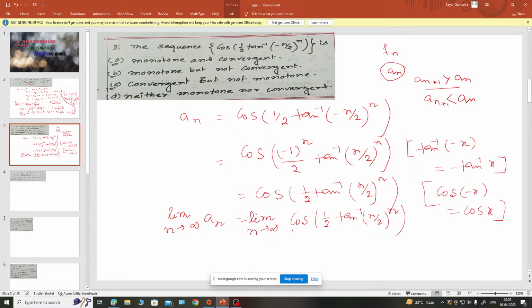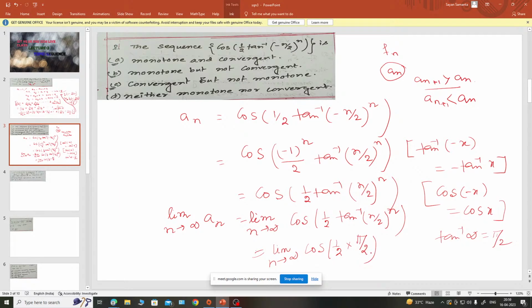As n tends to infinity, we get tan inverse infinity. What value does tan inverse infinity give? It gives pi by 2, 90 degrees. Is it clear? So we get cos of 1 by 2 times pi by 2.